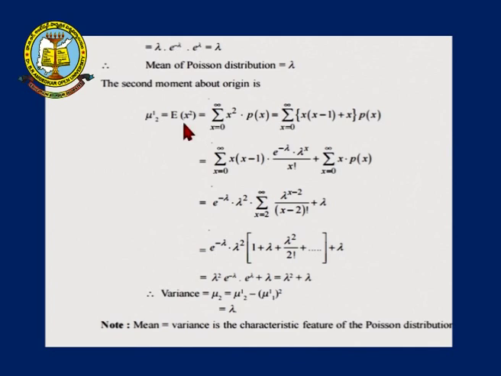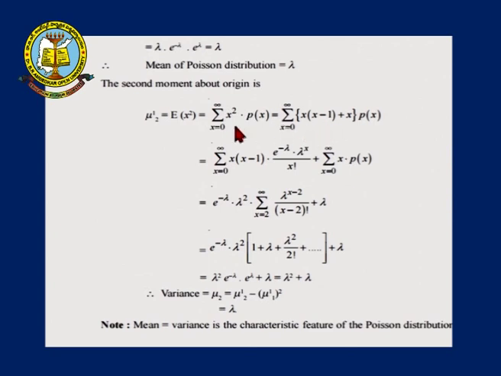Now, we would like to find mu 2 dash, which is equal to expectation of X square. Expectation of X square is equal to summing over X equal to 0 to infinity, X square into P of X, where P of X is the probability mass function. Then this X square we can write as X of X minus 1 plus X, because I would like to expand this summation.